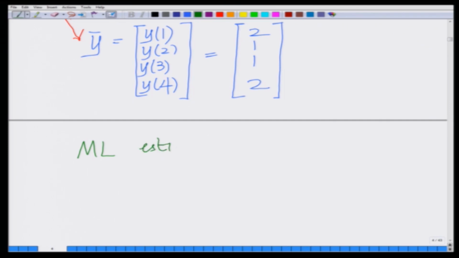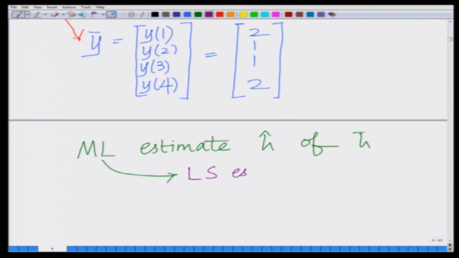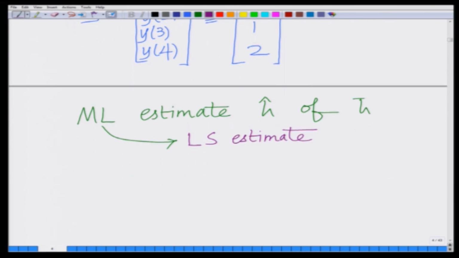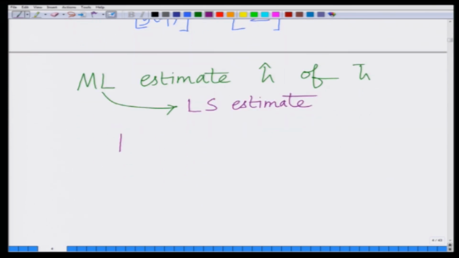Recall that the ML estimate h hat of channel vector h bar, also your LS or least squares estimate. Remember, the ML estimate, the maximum likelihood estimate, is also the least squares estimate, and is given as h hat equals x transpose x inverse x transpose y bar.